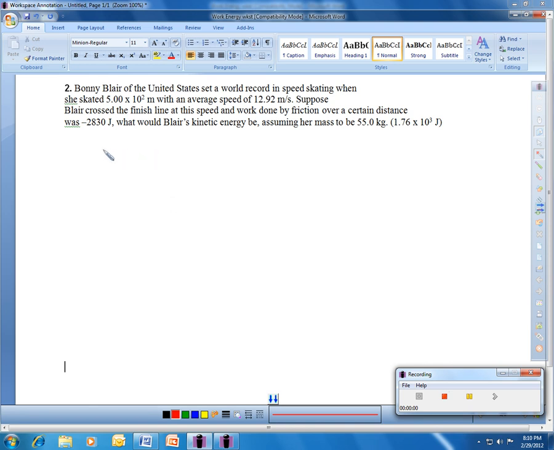So a picture is never a bad thing. Here's the finish line. She has an amount of kinetic energy to start. We can find that amount of kinetic energy with the kinetic energy formula, which is 1/2 mv squared. We know her mass, we know the velocity she crossed the finish line with, so we know this initial amount of kinetic energy. She then stands up, no longer part of the race, and she allows friction.